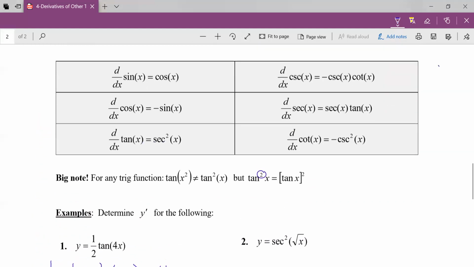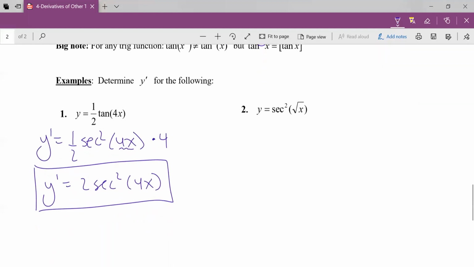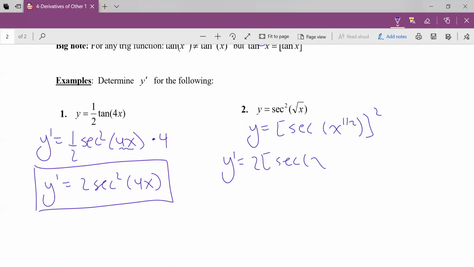The next one, y is equal to secant of the square root of x. I don't have a derivative of secant squared, but I know the rule for secant. I think the easiest thing to do first is to rewrite this as this. Now the derivative of that is 2 secant x to the 1/2, so power law.